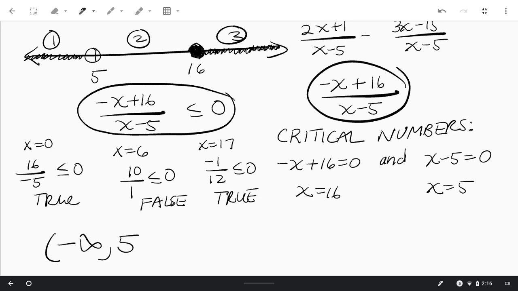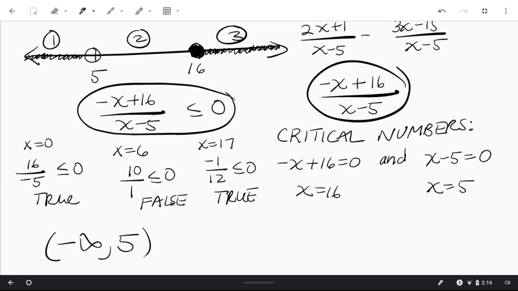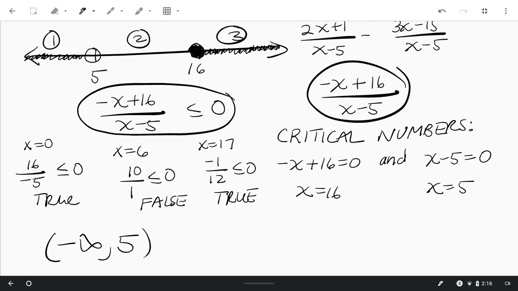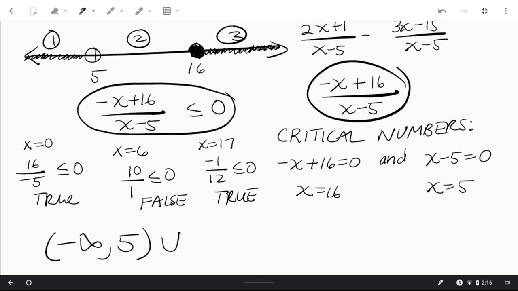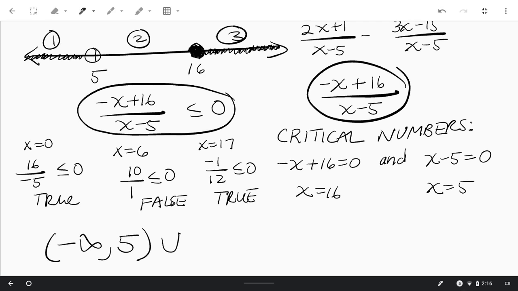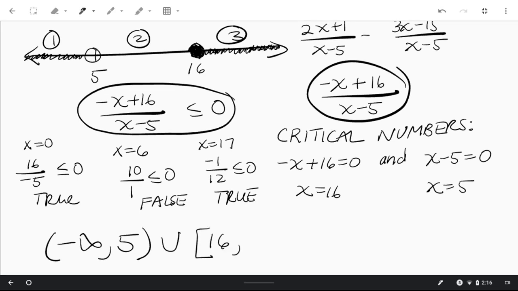Okay. And then we use the union symbol. And then the next shaded area starts at 16, and it includes the 16, so we will use a bracket on 16, and it goes all the way to the end, which is positive infinity.